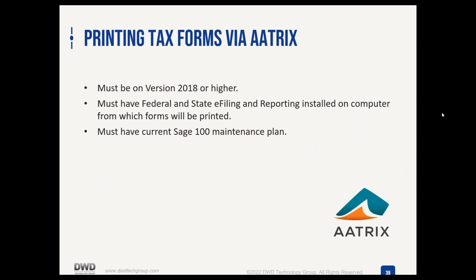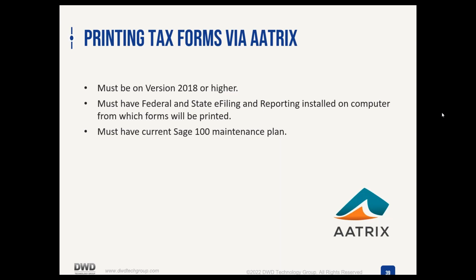We're going to talk a little bit about Atrix. If you want to process your forms via Atrix, you must be on version 2018 or higher. We strongly, strongly, strongly recommend that you get upgraded even further so that you're in the 2020 series of Sage 100. Just like for the accounts payable, you would have to have the federal and state e-filing and reporting function installed.